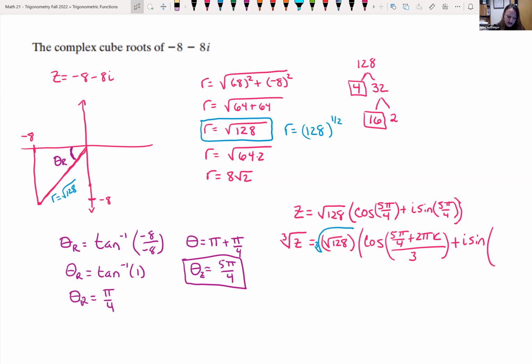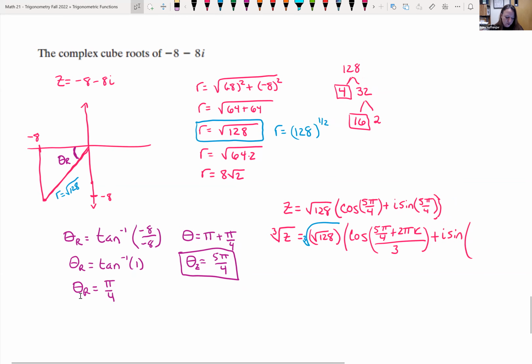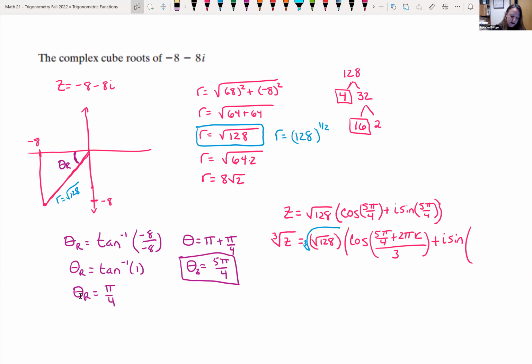So my common denominator of 5 pi fourths and 2 pi k is 4. And so multiplying 2 pi k by 4 over 4, that's 8 pi k. So this is the same thing as 5 pi plus 8 pi k all over 4 divided by 3.